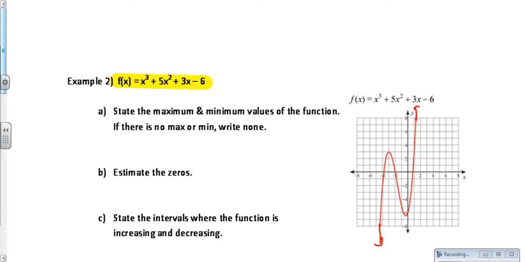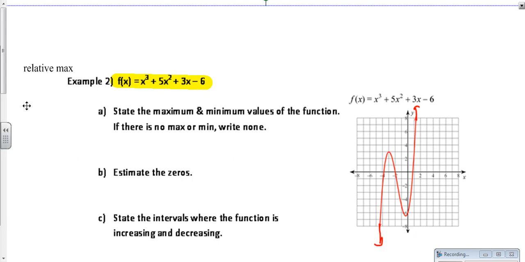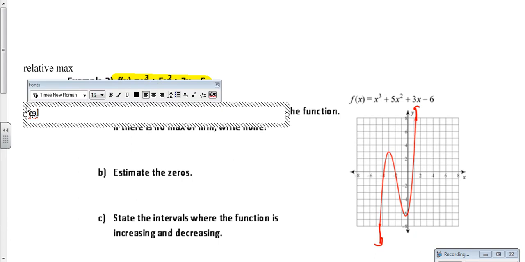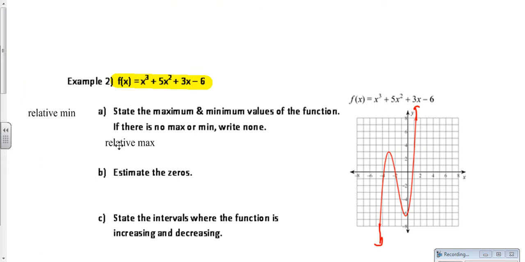But I want to give you a new word, and that is a relative max and a relative min. Now, a relative maximum and a relative minimum.